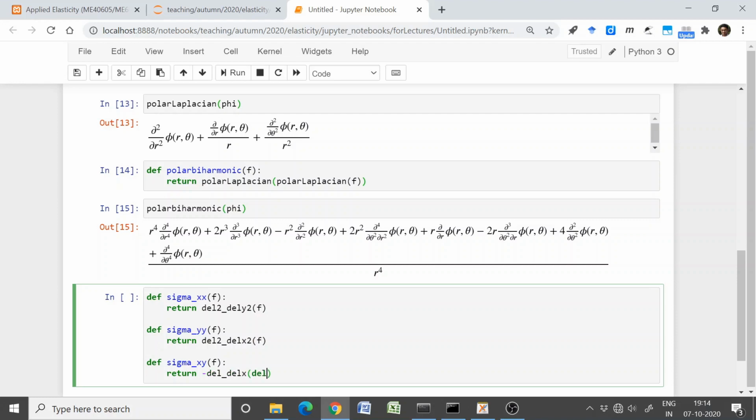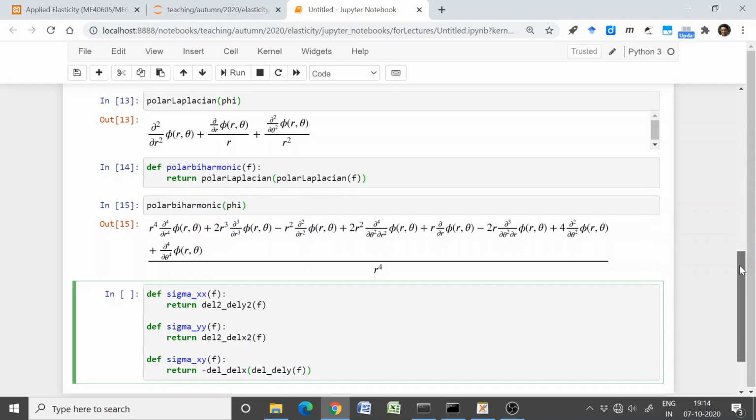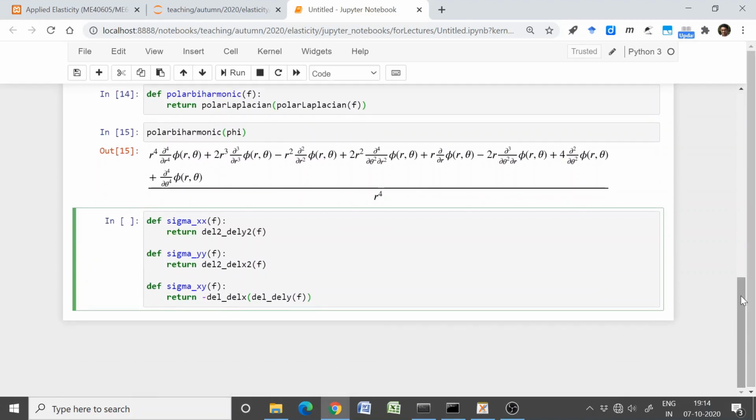Del del x of del del y of f. You could equivalently write this as del del y of del del x of f. It's the same thing. You can check this yourself. All right, so our definitions are done.